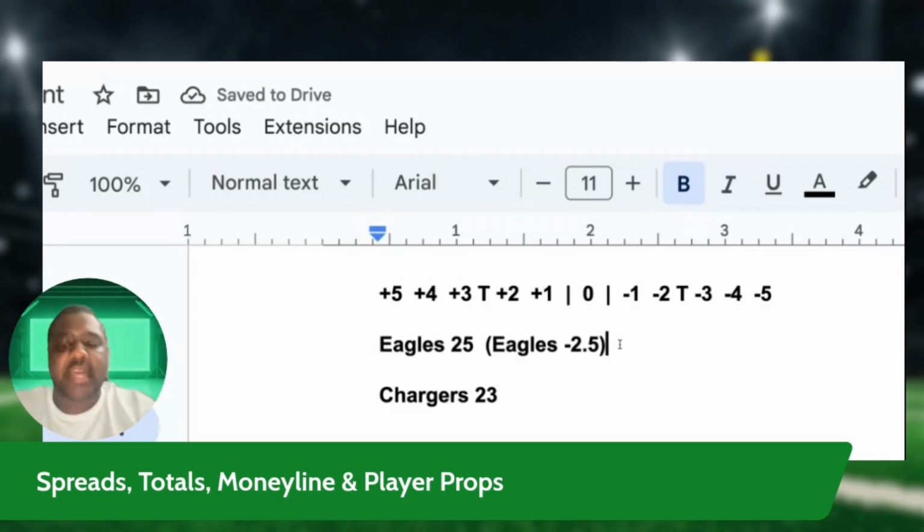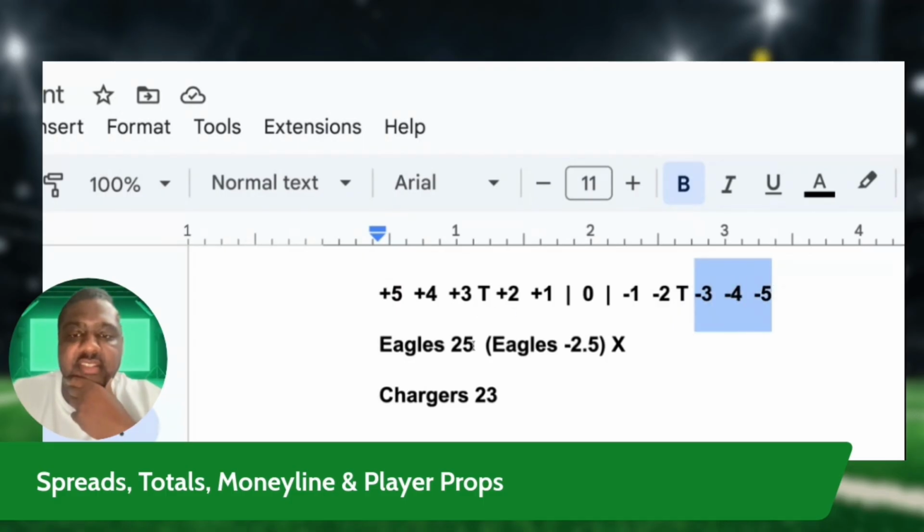This bet would not hit. It's an X because the Eagles only won by 2, right? So you see this? The Eagles have to win by 3 or more. Now, let's say I took the Eagles minus 2.5. Basically, that just means Eagles win by 3.